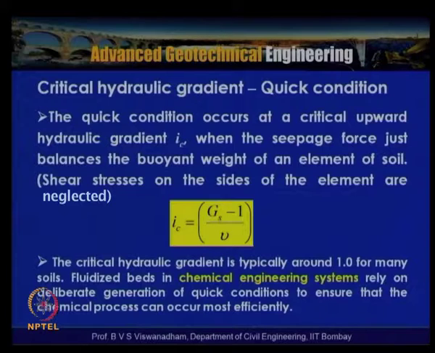Fluidized beds in chemical engineering systems rely on the deliberate generation of quick condition to ensure that the chemical process can occur efficiently. In some cases with fluidized beds, quick conditions are deliberately generated so that this serves the purpose.